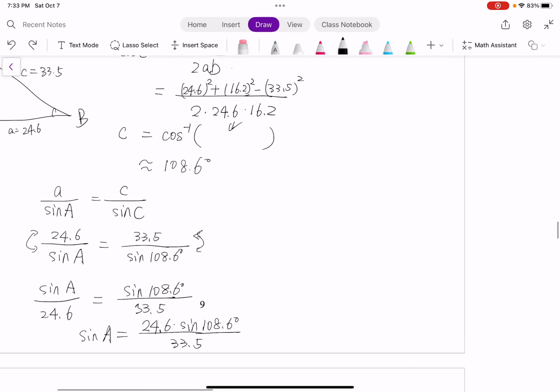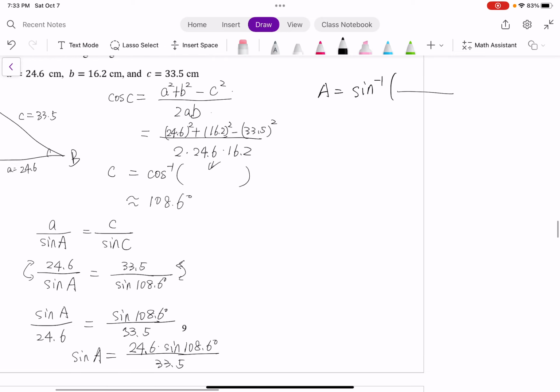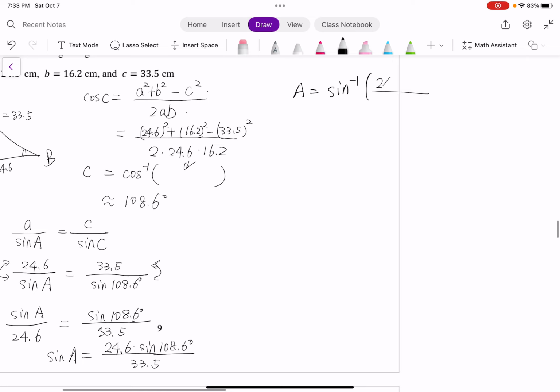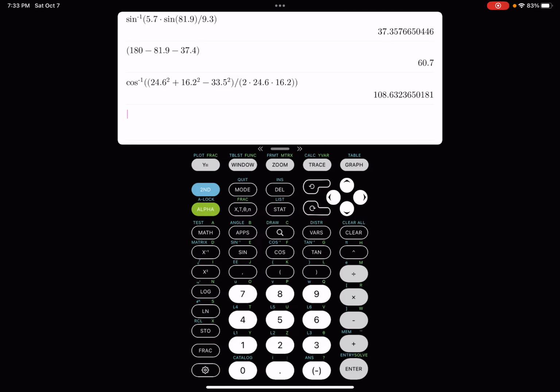So A is the inverse of sine of all of these. That's a little bit long. That's 24.6 times sine 108.6 degrees, all divided by 33.5. And then let's use our calculator to do the computation.